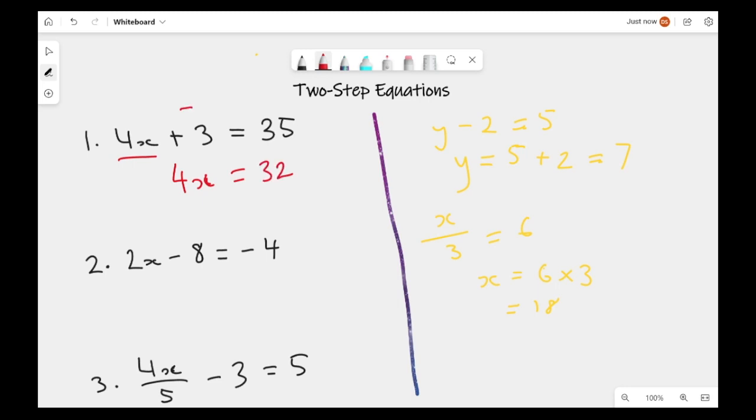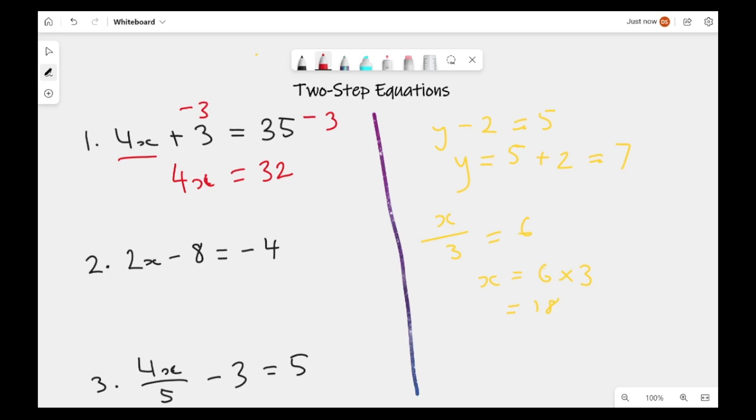Or we've subtracted 3 from each side here. 35 is 3 more than 4x because 4x plus 3 gives 35. So 4x then should be equivalent to 32. And we've chipped away at this extra number. We've gotten rid of this 3 on the left-hand side, and we're just left with 4x.